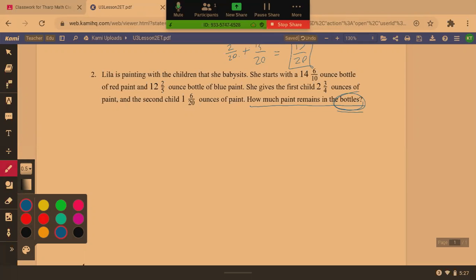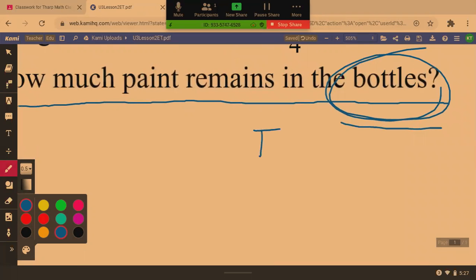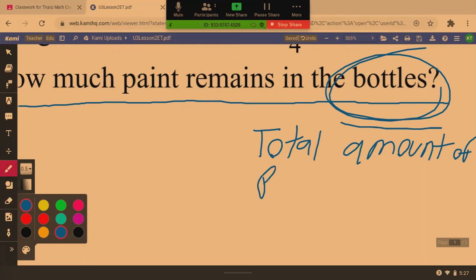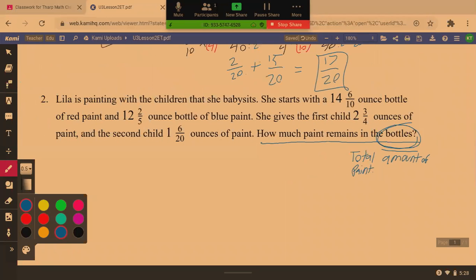That tells us that it's going to be the total amount of paint. It doesn't matter if it's red, blue. We just need to know the total amount of paint.